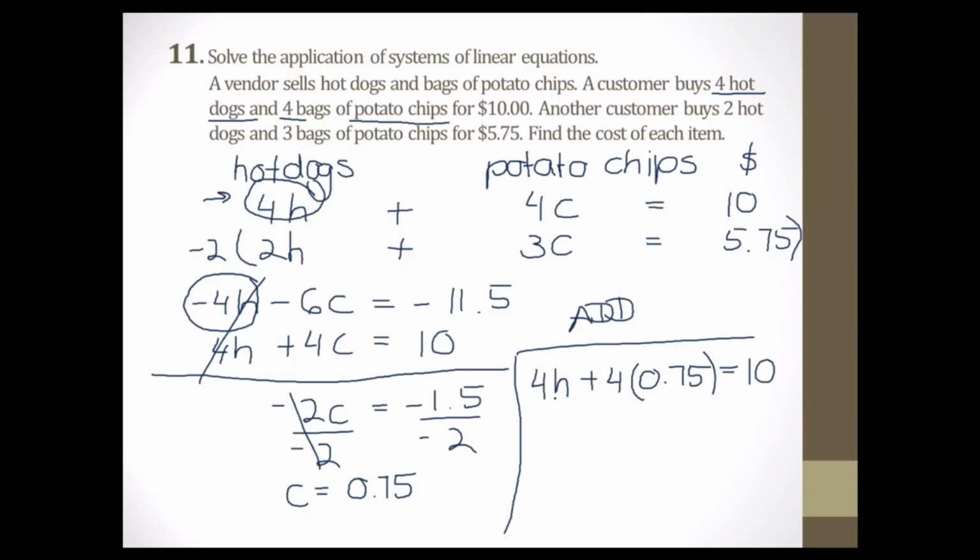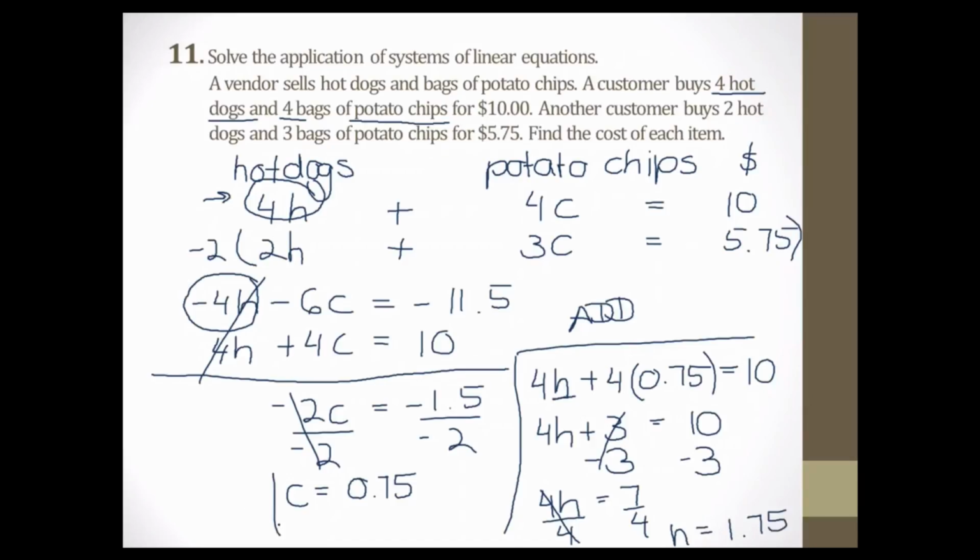So now solving for H, I am getting 4H, and 4 times 0.75, it's just 3, equal to 10. So subtracting 3 from both sides, we get 4H equals 7, and then dividing by 4, H equals... we don't want to leave this as a fraction because we are talking about money, and money makes more sense in decimals, so let's convert this into a decimal, and that gives us 1.75.